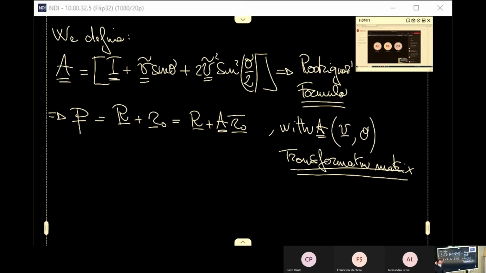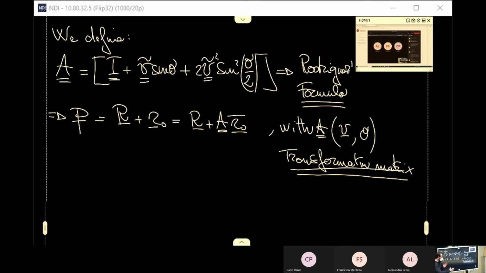All right, so just a final observation. The last thing that I wanted to stress before actually having a small exercise is that the writing that we wrote here for point P is valid for any point P within a body.